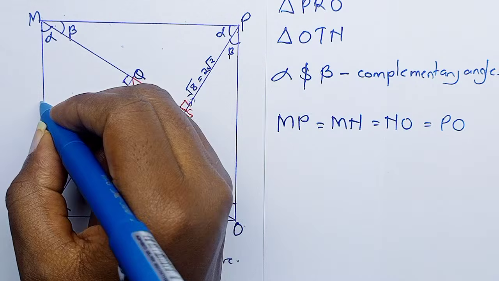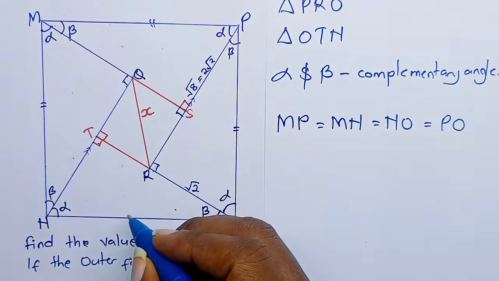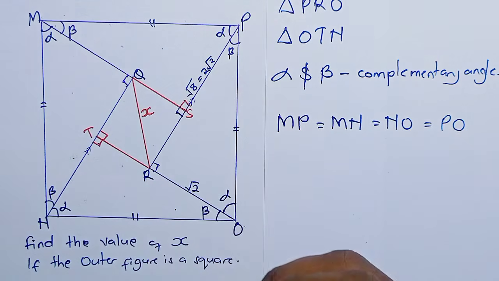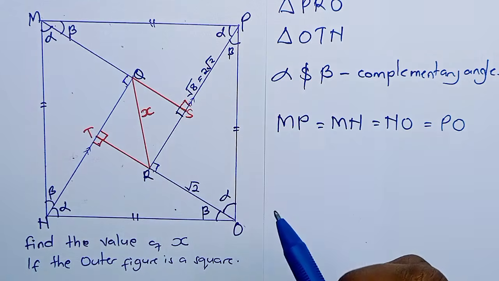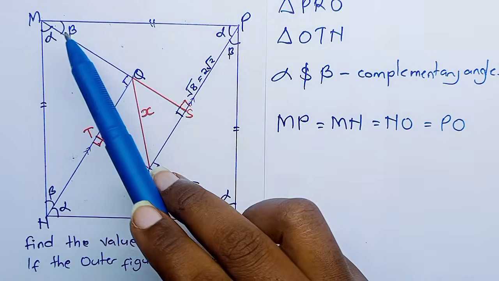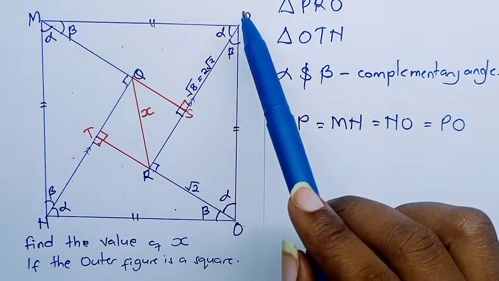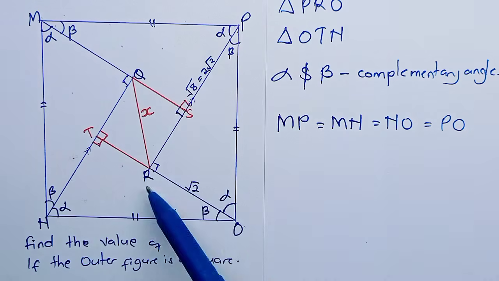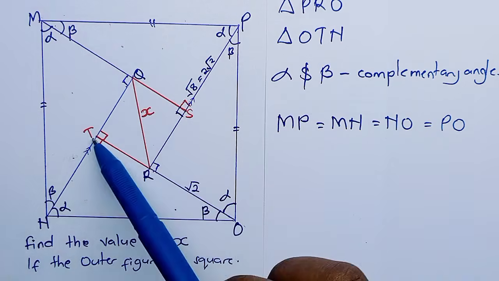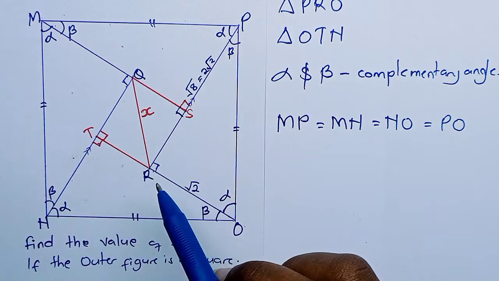So since this side is equal to this side, which is equal to this side, which is equal to this side, we can conclude that this triangle NQM, this triangle MSP, plus this triangle PRO, plus this triangle OTN, are congruent.